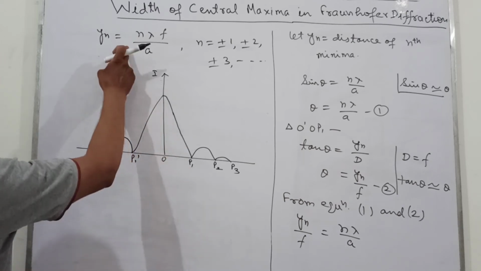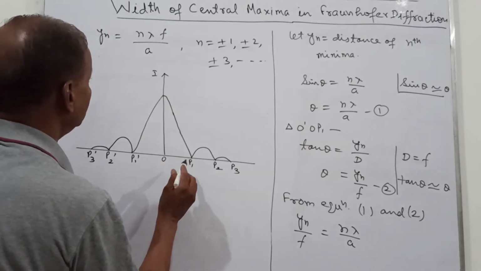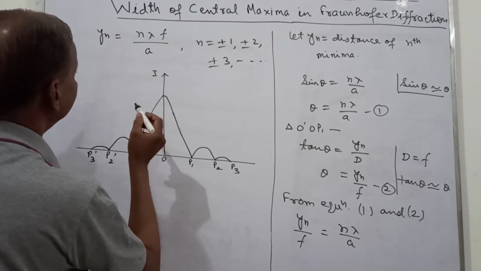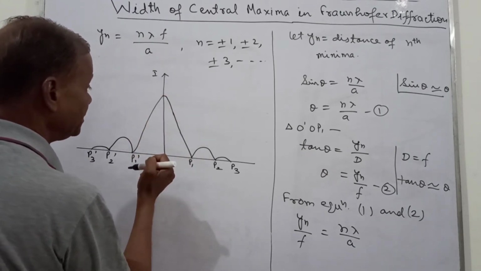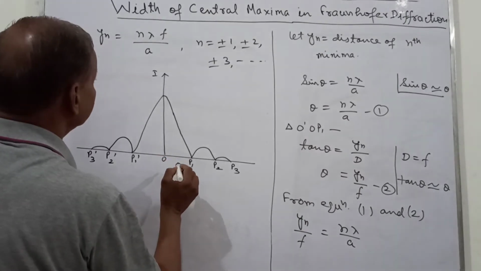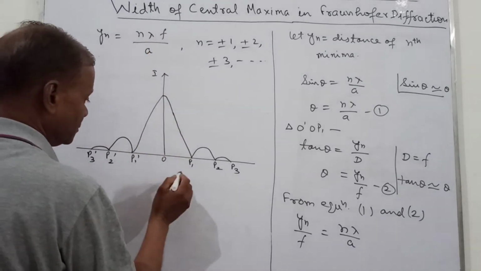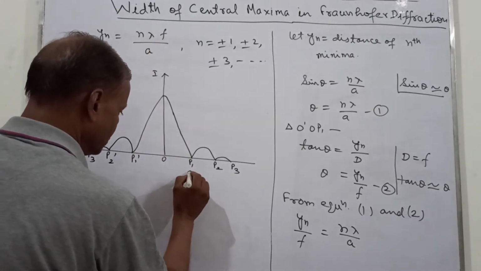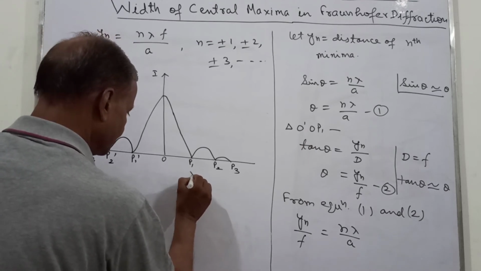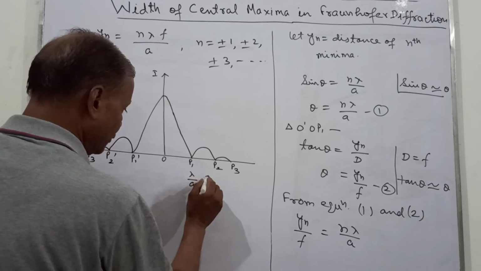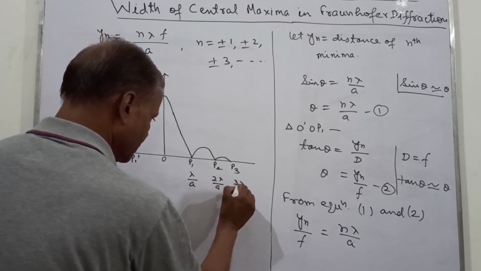So if we take n equal to 1, then on this side, this distance, if we say the angular width, the angle theta, will be equal to lambda upon a, 2 lambda upon a, 3 lambda upon a.